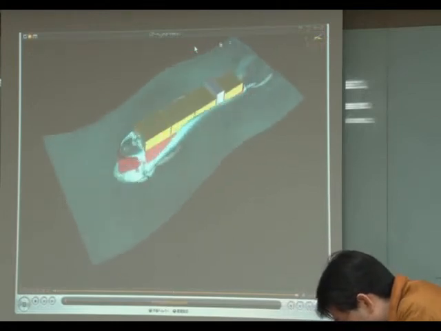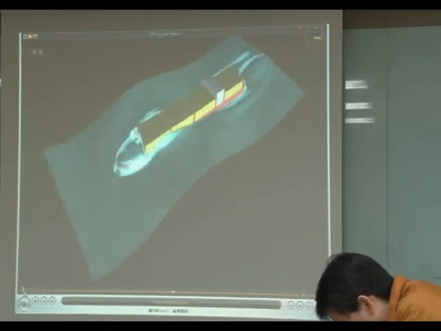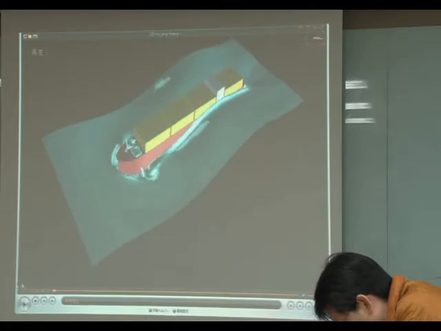Anyway, CIP is very, very powerful in complicated free surface problems.